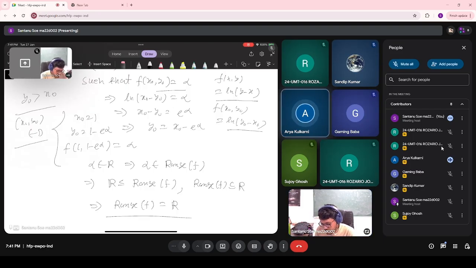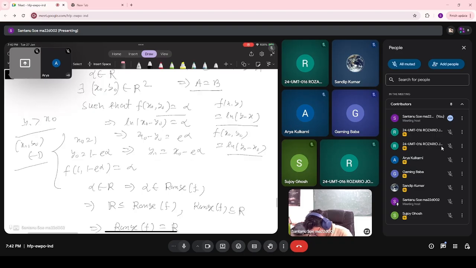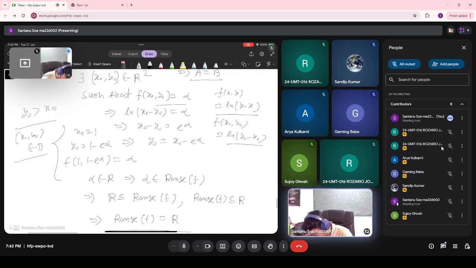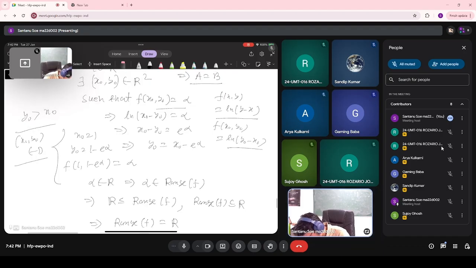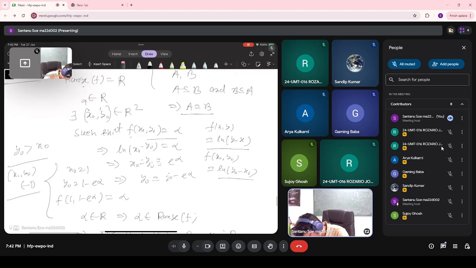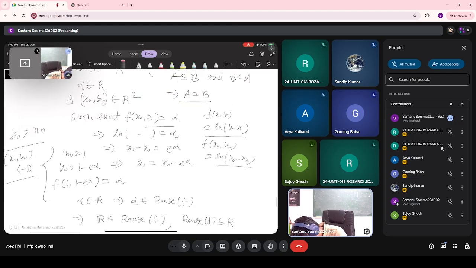Sir, can you write and show once more how it is equal to alpha? What was the function? I have written it wrongly here. This will be y0 minus x0.